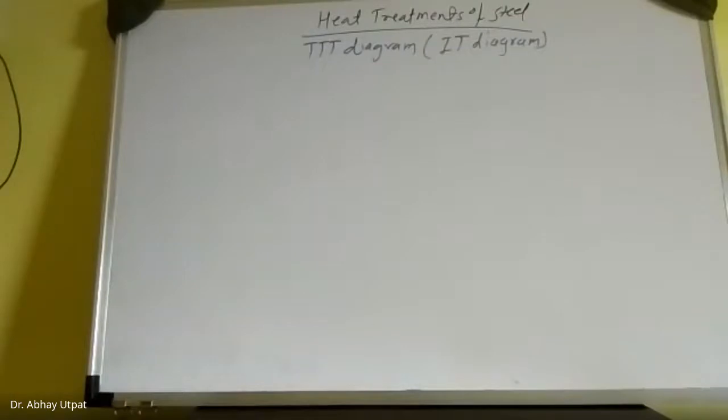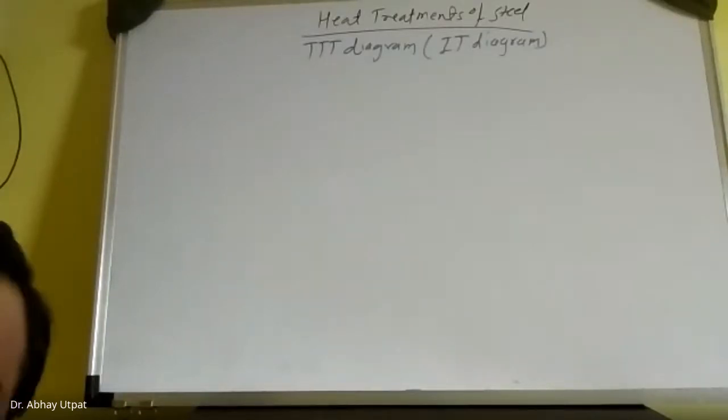TTT diagram provides a lot of information about the nature of phases, start and finish of transformation, rate of transformation, and transformed phases.